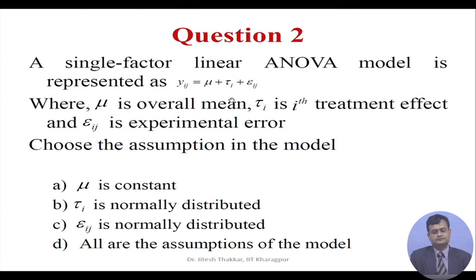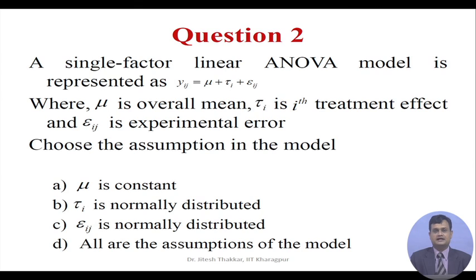Question 2. A single factor linear ANOVA model is represented as Yij, that is your dependent variable response factor, is equal to mu plus tau i, that is the treatment effect, plus error epsilon ij, where mu is the overall mean, tau i is ith treatment effect, and epsilon ij is experimental error.